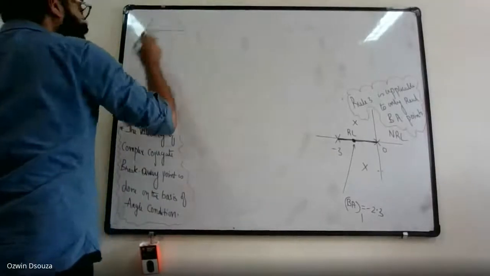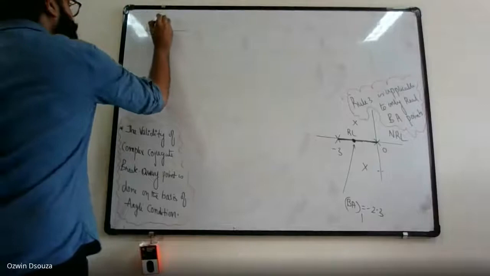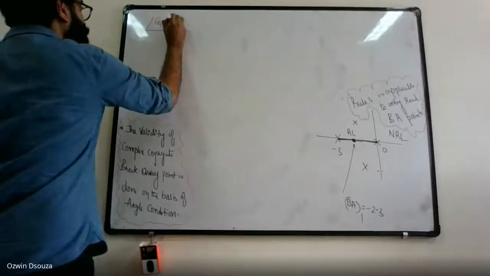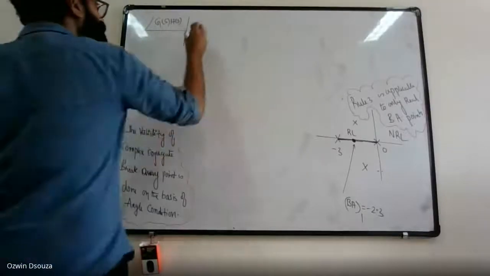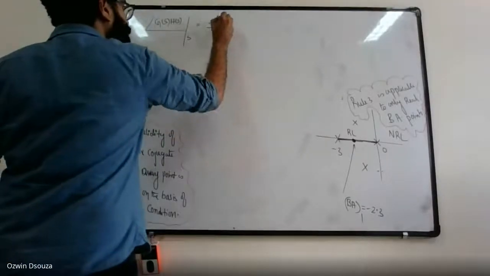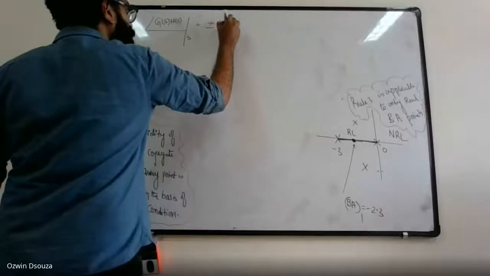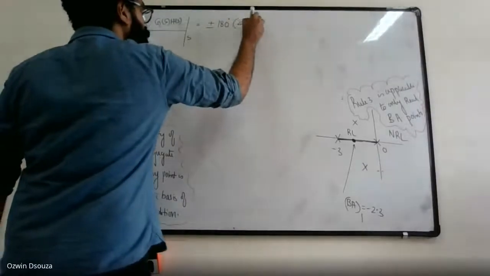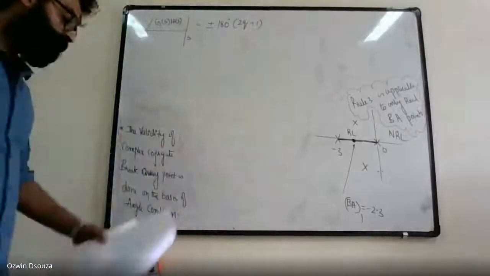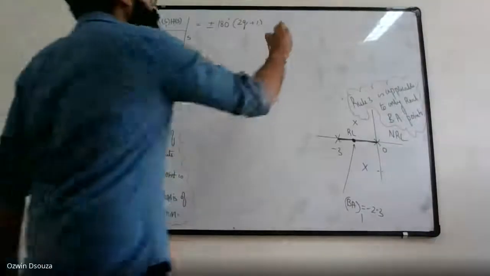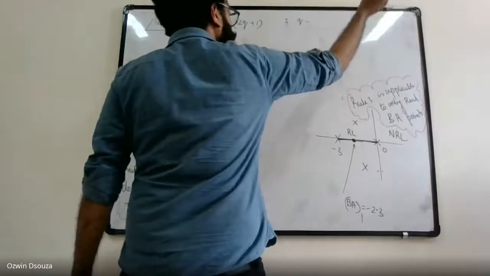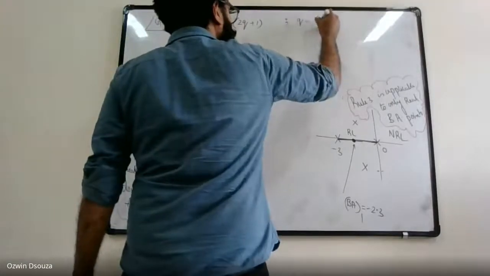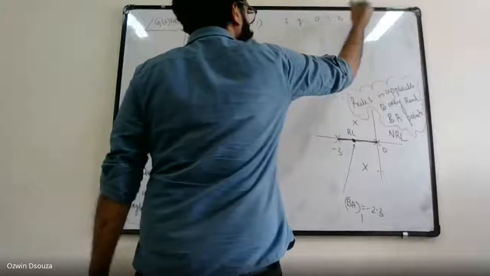What does the angle condition say? The angle of G(s)H(s) at any test point s should be equal to plus or minus 180 degrees into (2q plus 1). And what is q? We have already formed it, right? So q is equal to P minus Z minus 1, so it is 0, 1, 2, 3.